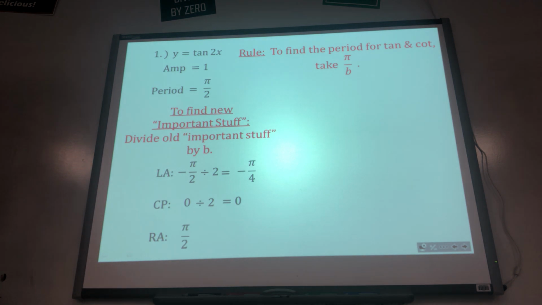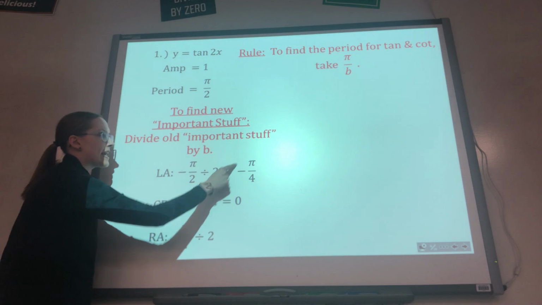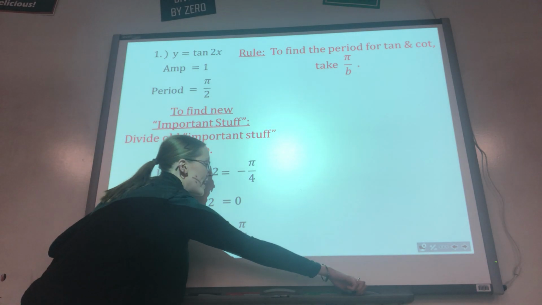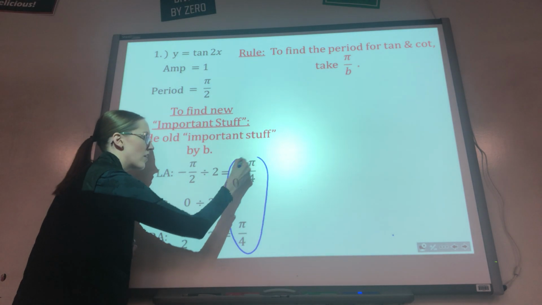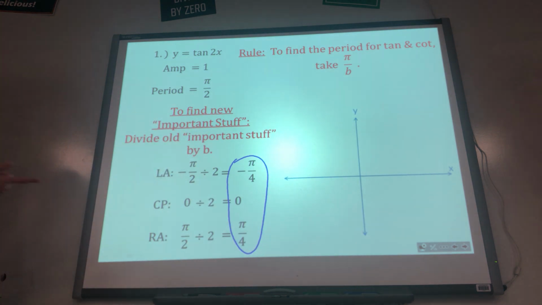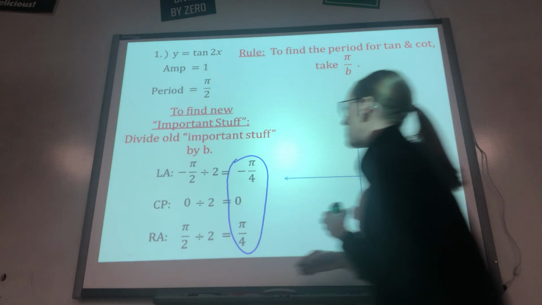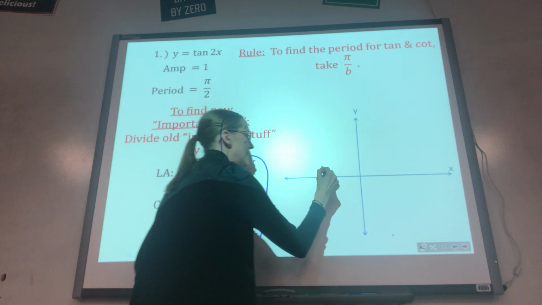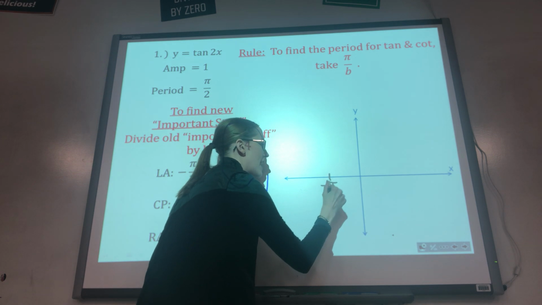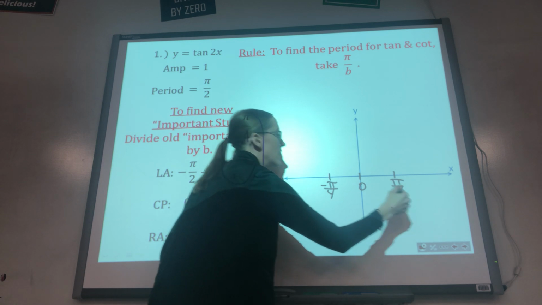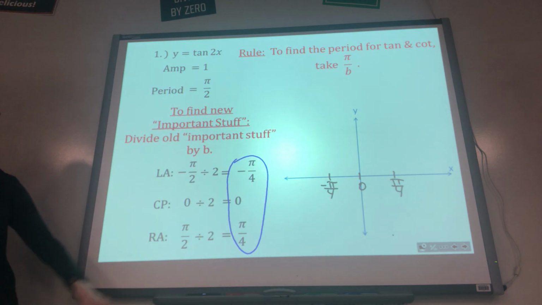So take that, divide it by 2. It's going to be the same thing that you had up here, but it'll be positive pi over 4. These are the x values that you need to label on your x-axis. Again, you don't necessarily have to label the 0 because it's just 0, but everything else needs to be up there. All right, I'll come over here a little bit. Say that is negative pi over 4. Try and keep things equal here. So that would be positive pi over 4.